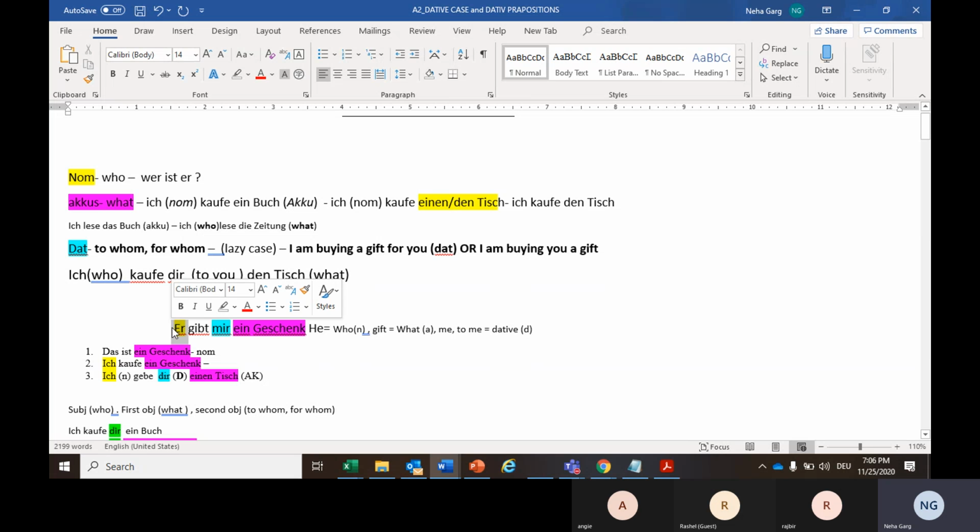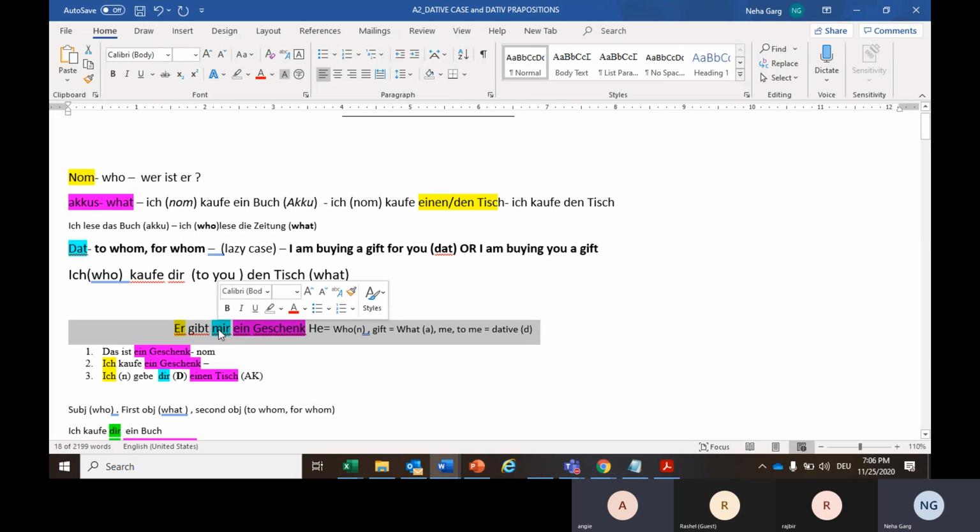So er is nominative. And what is he giving me? A gift. So Geschenk is accusative. And to whom is he giving a gift? To me, he is giving a gift to me. So me would be dative. So this mir is a dative form of ich. So ich, mich, mir. I'll show you the table for that. So mir here is our dative case.